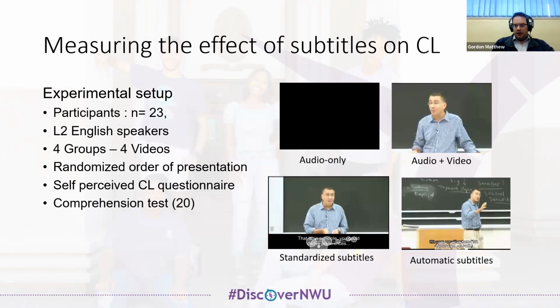Those on the right: audio only, which is just the sound, then audio and video, which is a normal video, then video with standardized subtitles, I'll explain what standardized subtitles are, and then automatic subtitles. These were presented in randomized order, and they completed a self-perceived cognitive load questionnaire afterwards, and also a comprehension test on the content of the video.